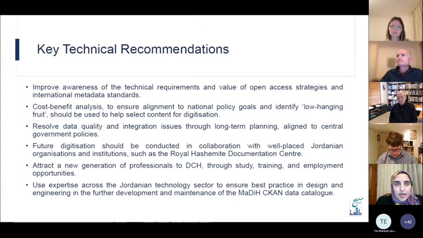We had the Council for British Research in the Levant, which is the UK Jordanian partner based in Amman, and I'm from that institution, which aims to connect UK and Jordanian researchers.